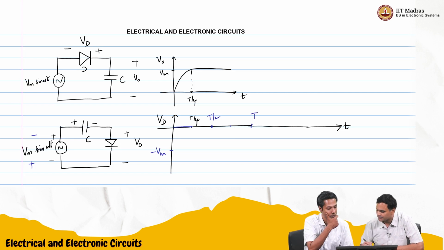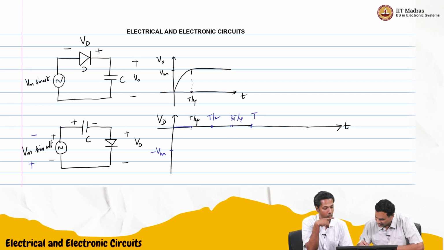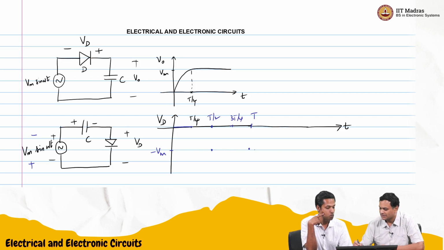T is here. This helps. At T by 2 and T, it has to pass through VM, because at that time VS is 0.